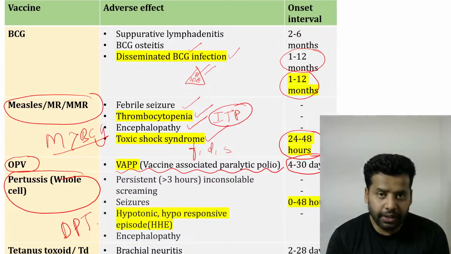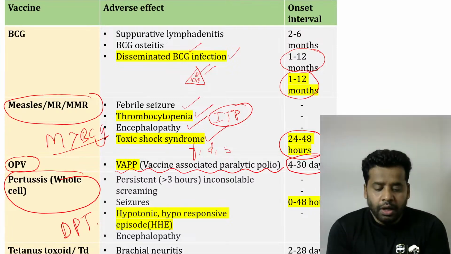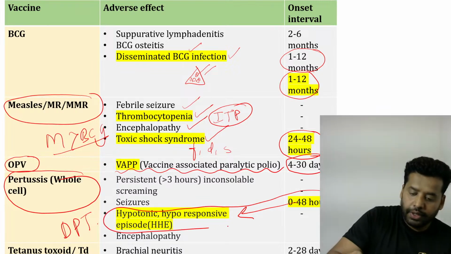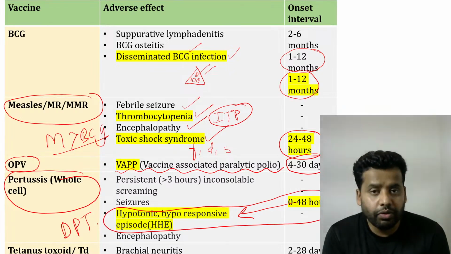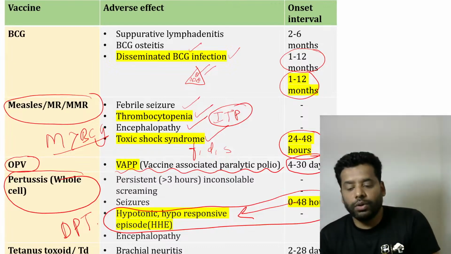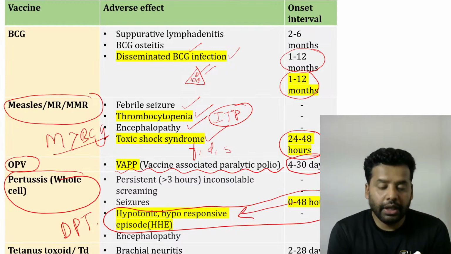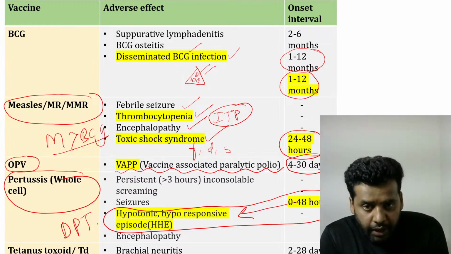Seizures, that is febrile seizures. Hypotonic hyporesponsive episodes usually happen within 0 to 48 hours after DPT vaccine. It is self-limiting, nothing to panic.